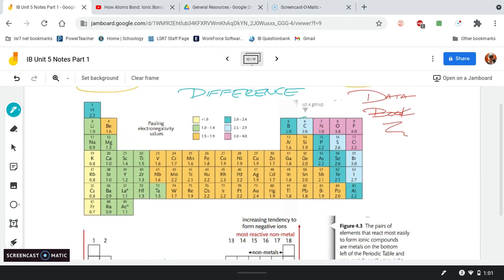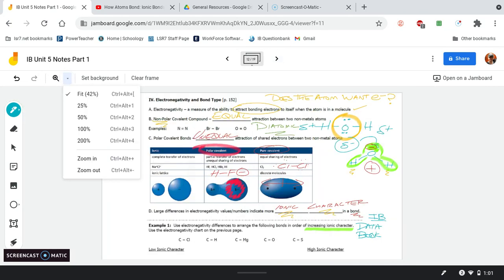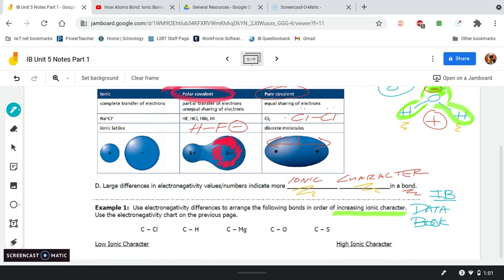Here's C, 2.6, and I know there was a Cl, 3.2. All of the carbons are 2.6, so every one of them is the 2.6. Then we have to figure out all of the other ones. The chlorine is the 3.2.